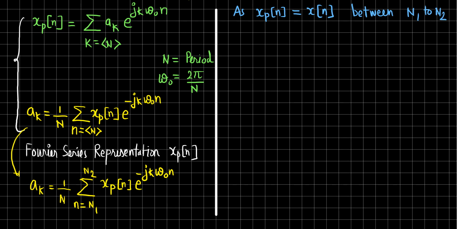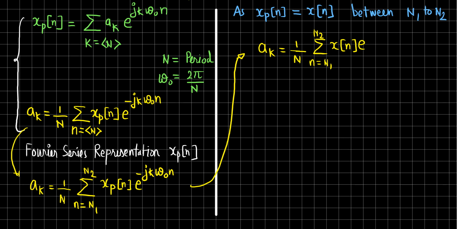We may write the equation as, so this turns out to be a_k equals 1 by N summation from n equals n1 to n2, and this x_p of n I'm replacing by x of n just because I want the equation for x of n, and the remaining exponential remains as it is, e power minus j k omega naught n.